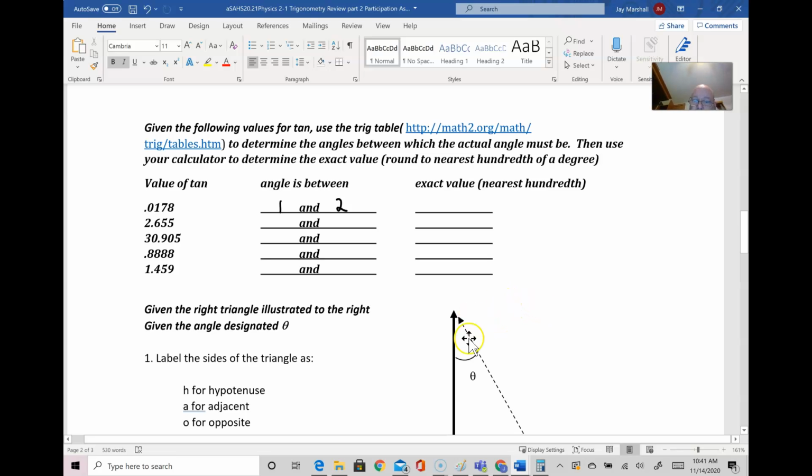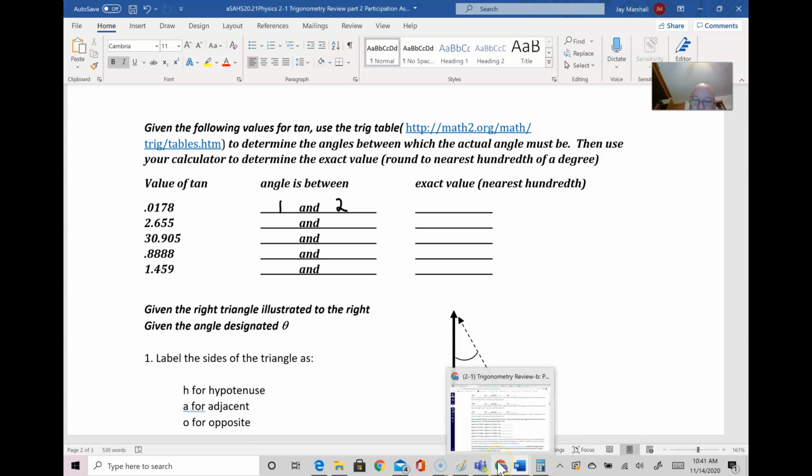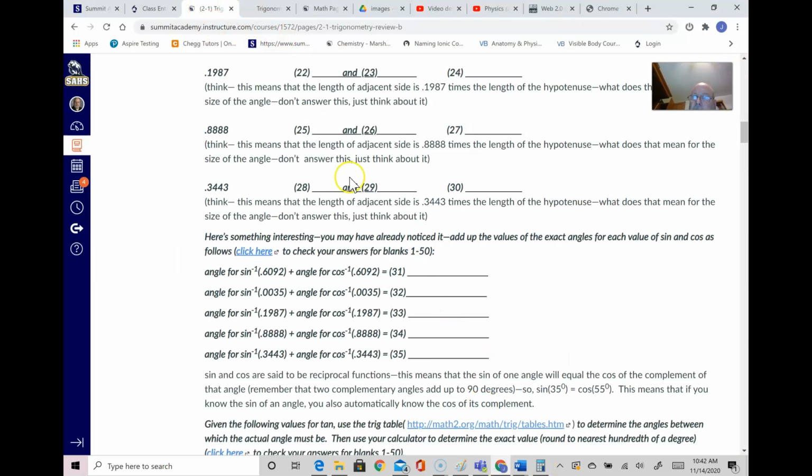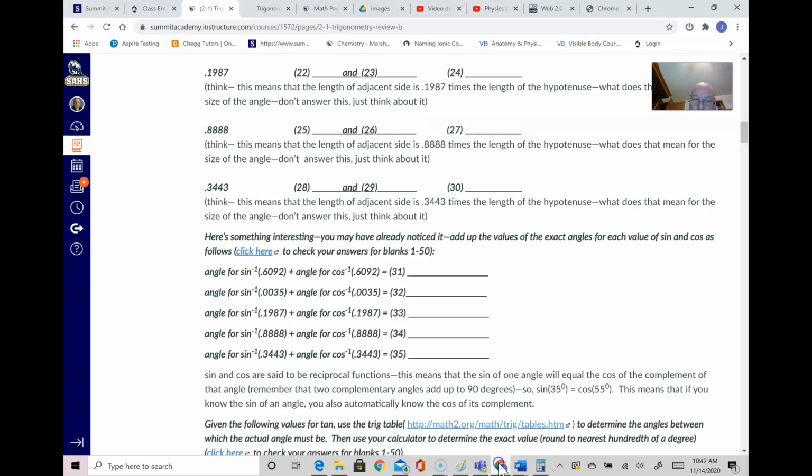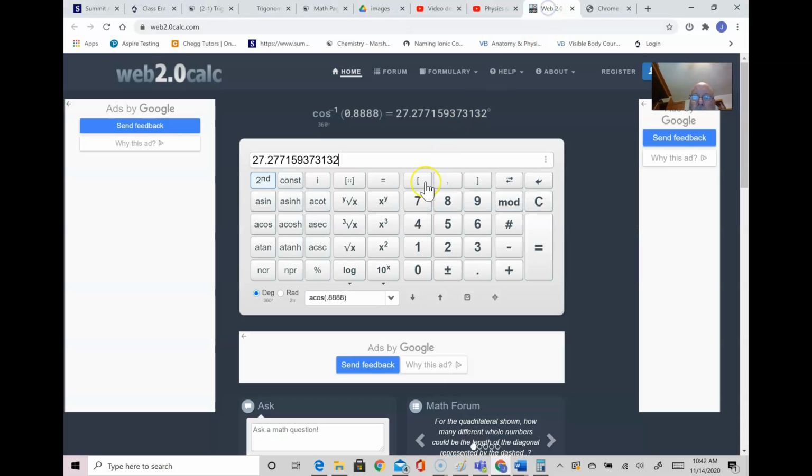And now I want you to find the exact value of that, just like we did with the sine and the cosine. And so I'll go to my web calculator here. Obviously, you can just use your own calculator. And just as I did before, I'm going to hit second, and then I'm going to hit tangent, and that's going to give me the inverse tangent here, this tangent to the -1, which is also called the arctangent.